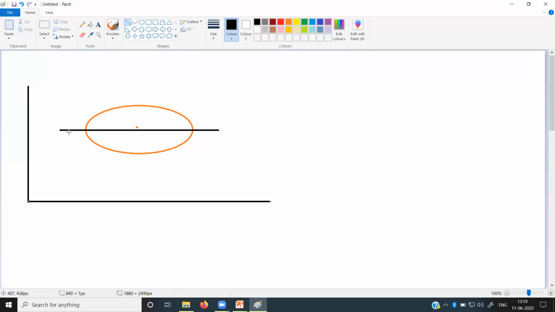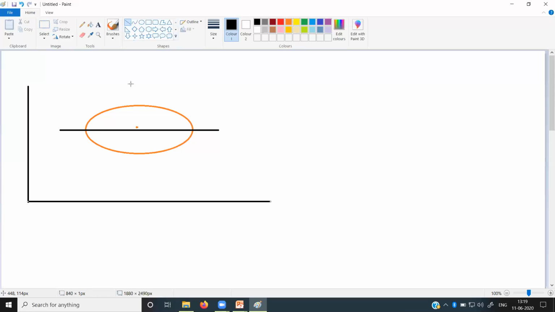So this line which is passing through the center of the ellipse is parallel to the x-axis. A line which is parallel to the x-axis is called the major axis. Similarly, we will also draw a line which is parallel to the y-axis, that is called the minor axis.